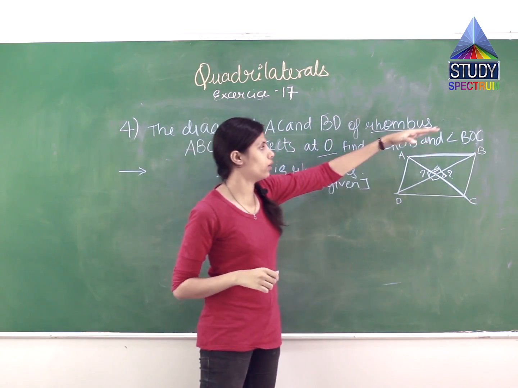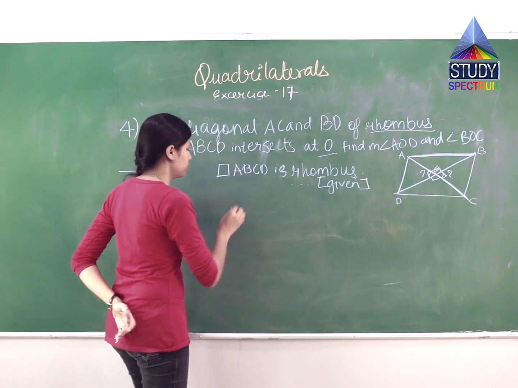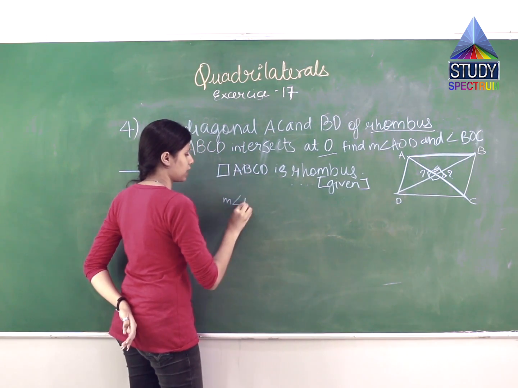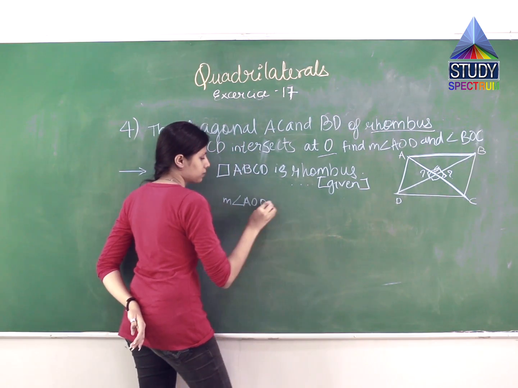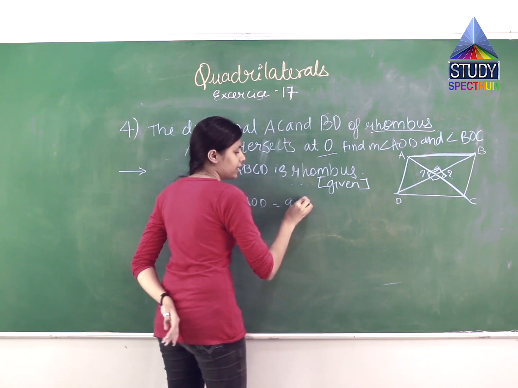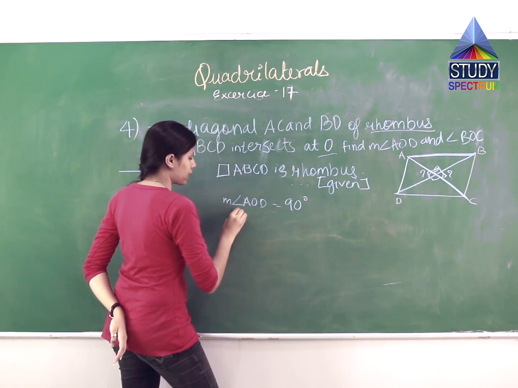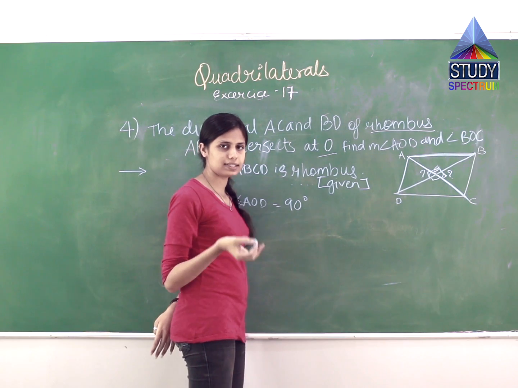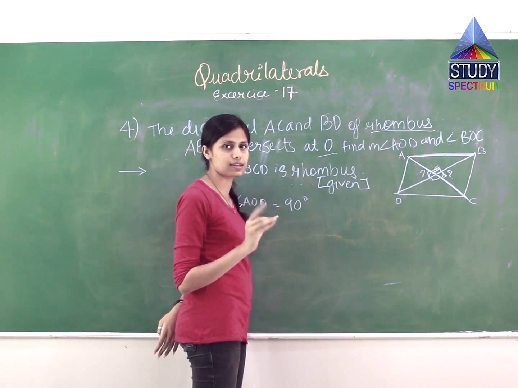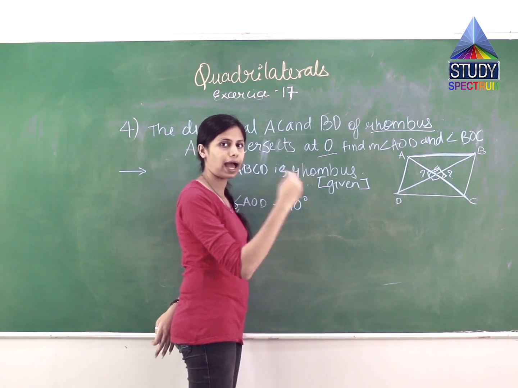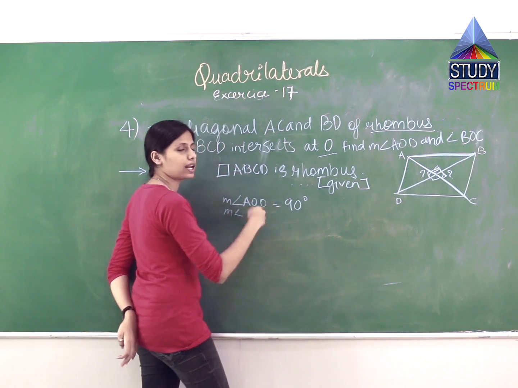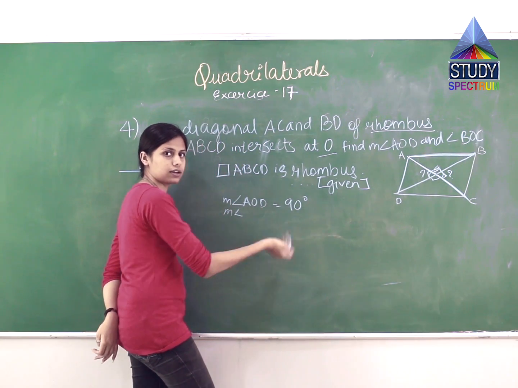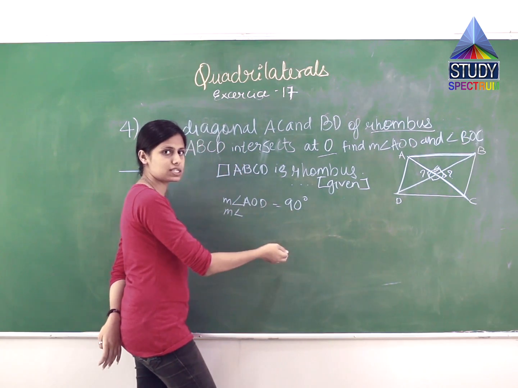Now angle AOD and angle BOC. So measure of angle AOD is equal to 90 degrees, and measure of angle BOC. Both the angles you can write simultaneously and give only one reason. There is no need to write the first angle and give the reason, and then the second angle and give the same reason.